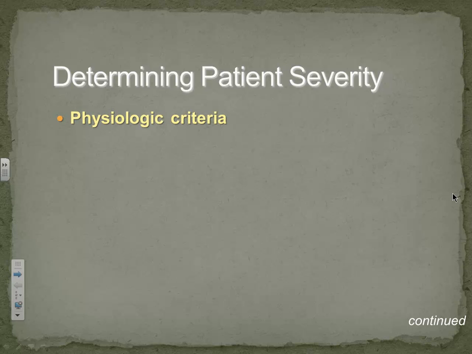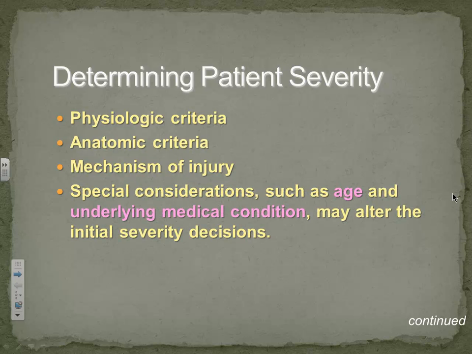Okay, when we're trying to determine the patient's severity, we've got criteria we're going to look at. The physiologic criteria, anatomic criteria, mechanism of injury. Is that all I've got on this page? Yeah, so these are different things that we're going to look at. Anatomic criteria, any idea about what that is?